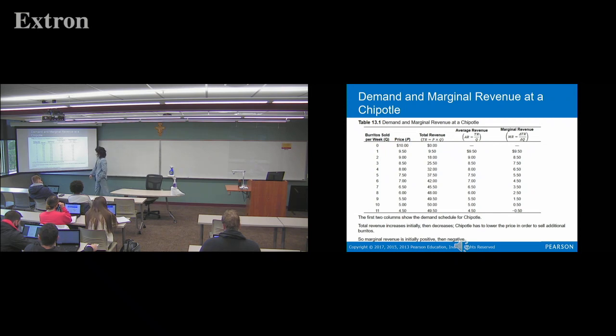Our total revenue is going to increase for most of it, but even at the end we see a slight decrease as they start decreasing their prices. Even though they're increasing their sales, at some point they're going to start making less money. Their average revenue just decreases the whole time, and our marginal revenue decreases and even goes negative at the end. Because we see the total revenue drops from $50 to $49.50.